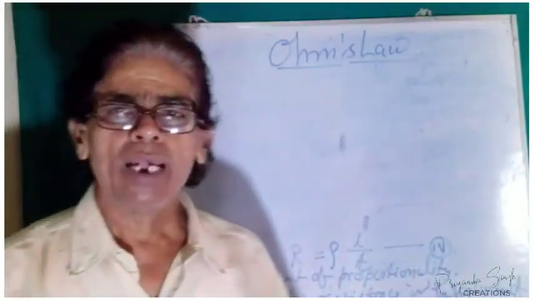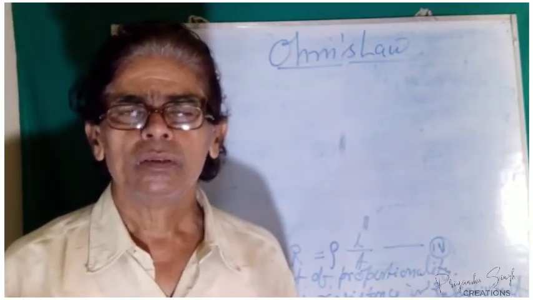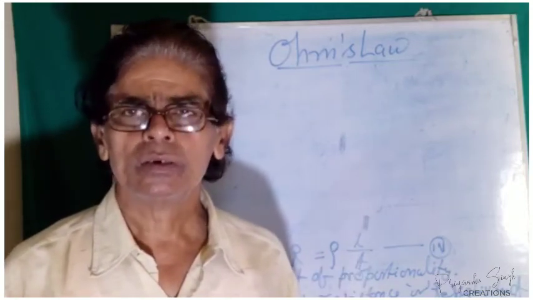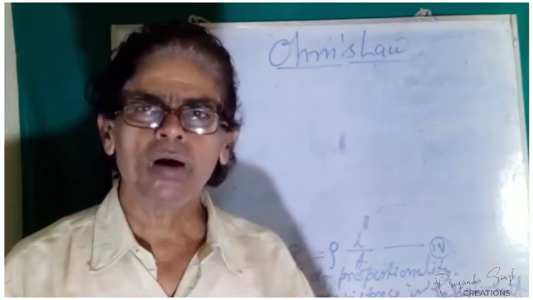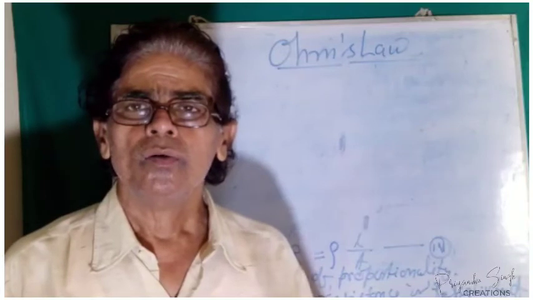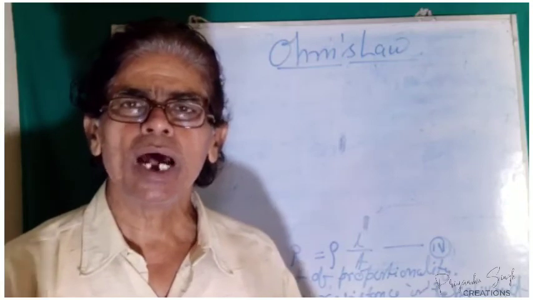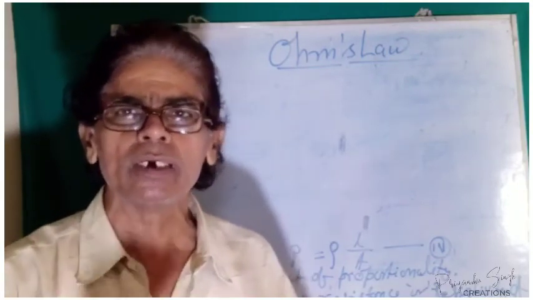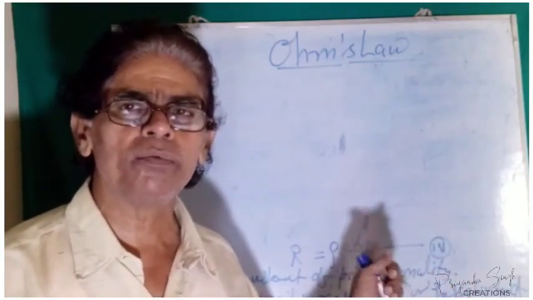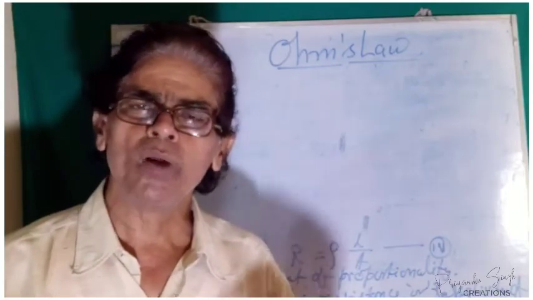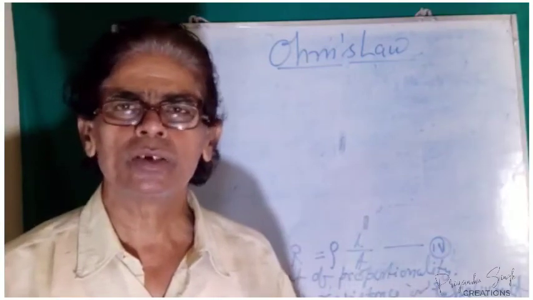So by increasing temperature, the resistance of the conductor increases. That is why during the formulation of the law we have talked about a specific temperature, means at constant temperature, because the resistance, which is one of the important feature of the resistor, gets influenced by temperature. So that will change the resistance of the conductor.